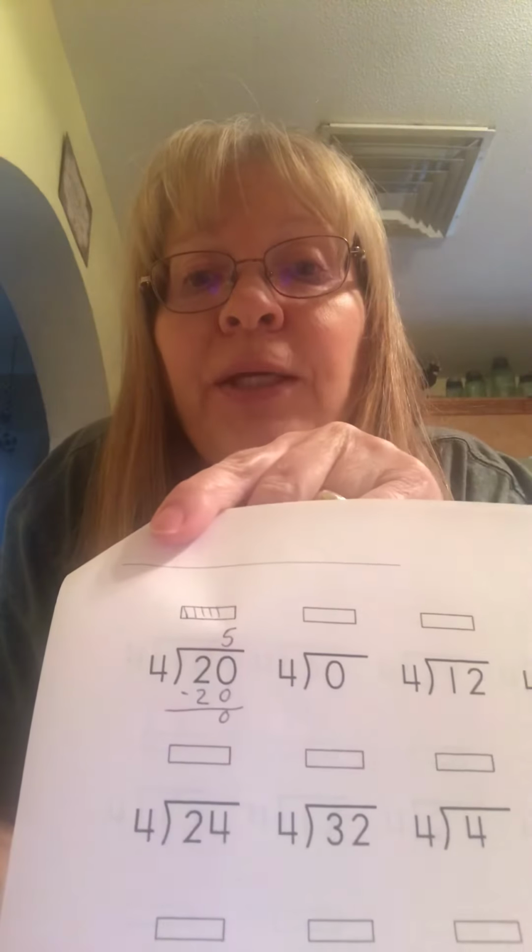So 4, 8, 12, 16, 20. So that's 1, 2, 3, 4, 5. So my 5 goes in the ones place, and 5 times 4 is 20. 20 goes underneath the 20, and then when we subtract, we get 0. So there is no remainder.